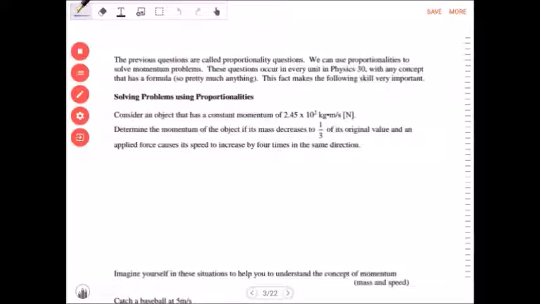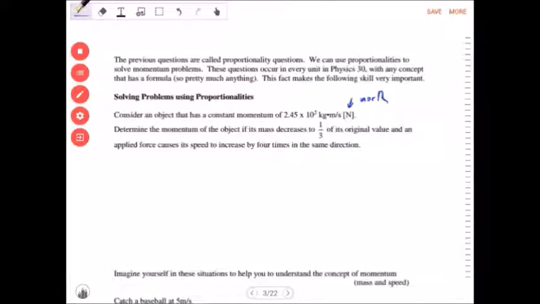Consider an object that has a constant momentum of 2.45 times 10 squared kilograms meters per second north. That little bracket thing with the N means it's going north. Determine the momentum of the object if its mass decreases to 1/3 its original value and an applied force causes its speed to increase by 4 times in the same direction.